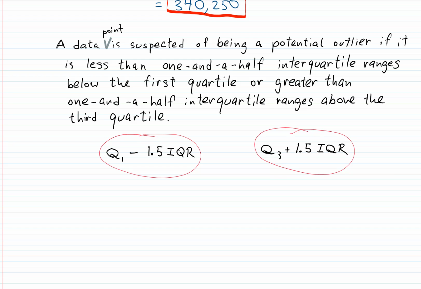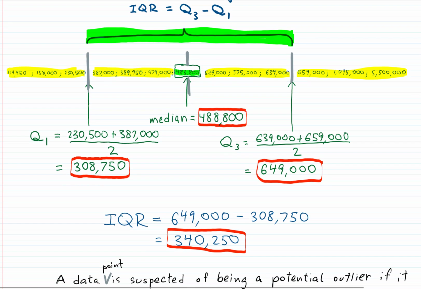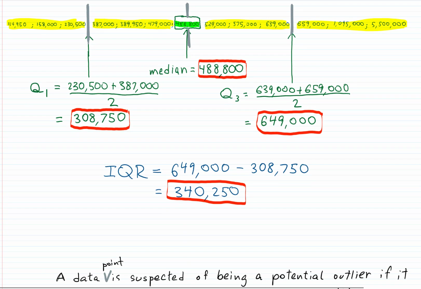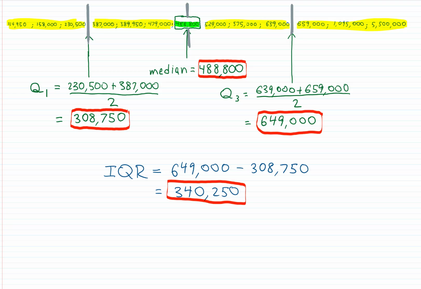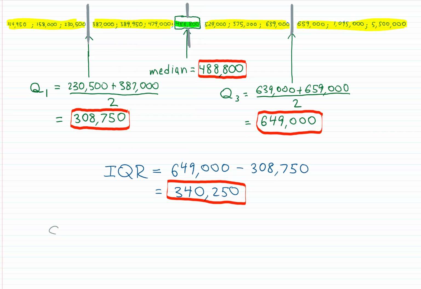So let's do that for our data set above, and let's see if there are any potential outliers. Let's scroll back up. Let's give ourselves some room. Okay. So what I'm going to do, let's do quartile 1 minus 1.5 times the interquartile range.